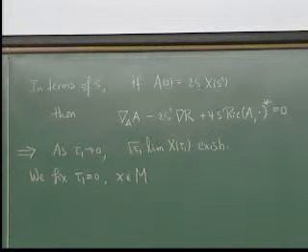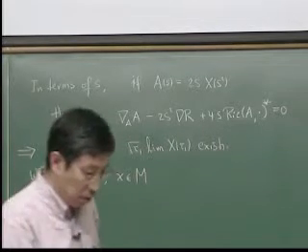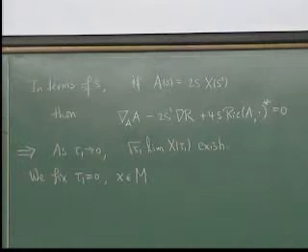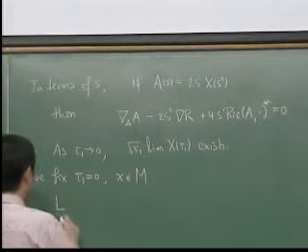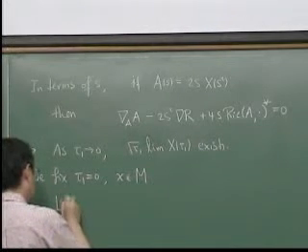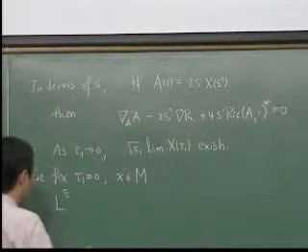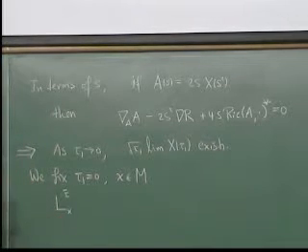So before I go on, let me define the L-length. So this also depends on tau bar, and also depends on the initial point x.